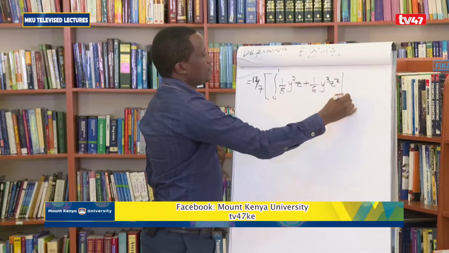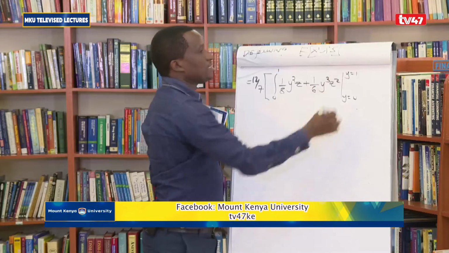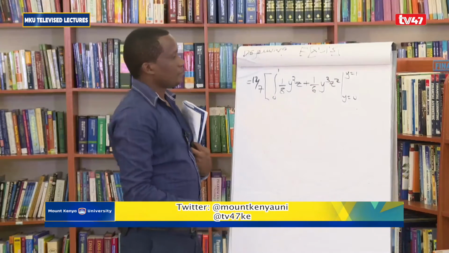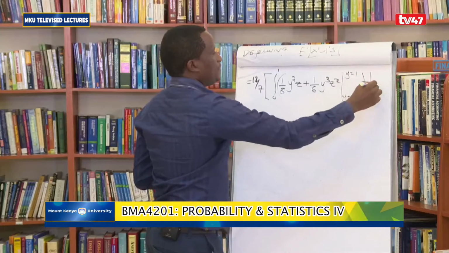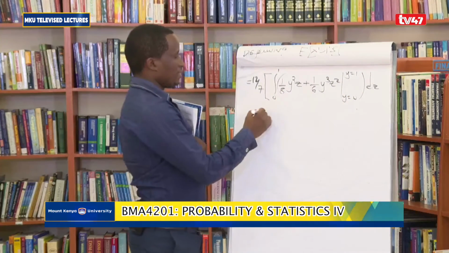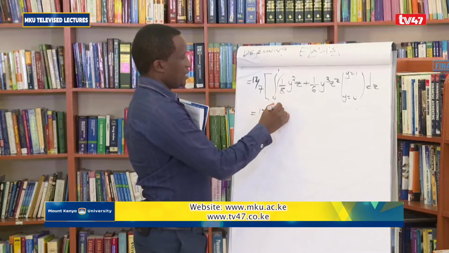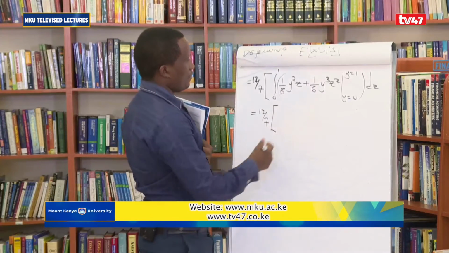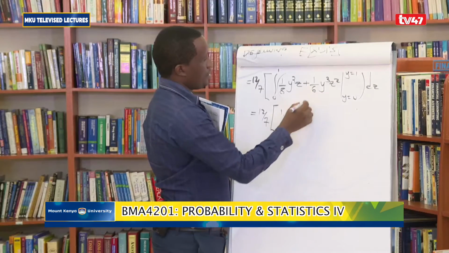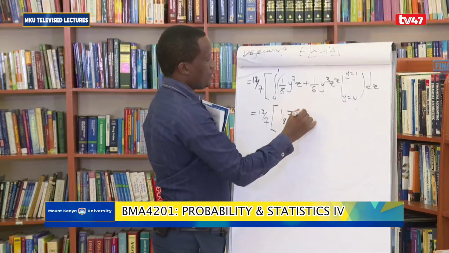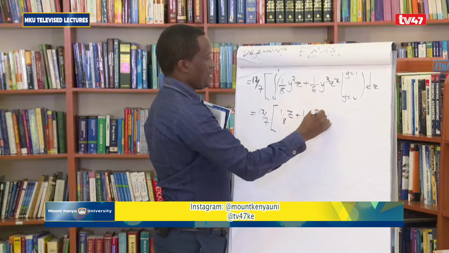We make replacements for y equals 0 and y equals 1. And then we now integrate with respect to z. So this will be 12 over 7. Then, if I make replacements for 1, I have 1 over 8 z. And this for 1 becomes 1 over 6 z squared.